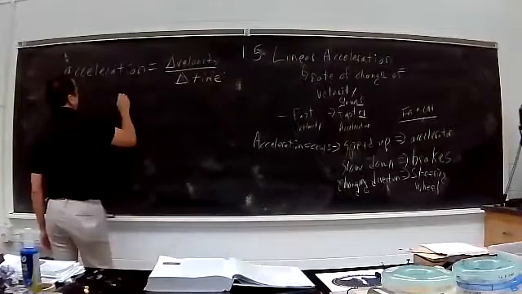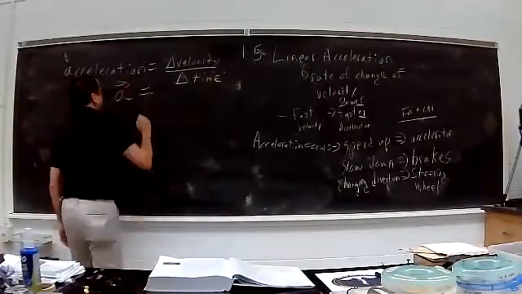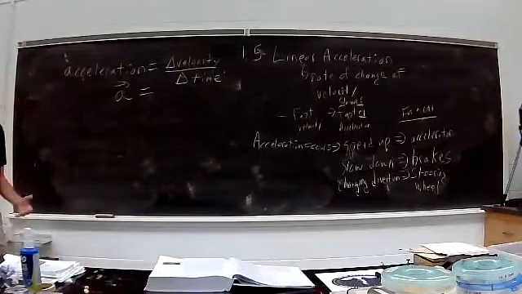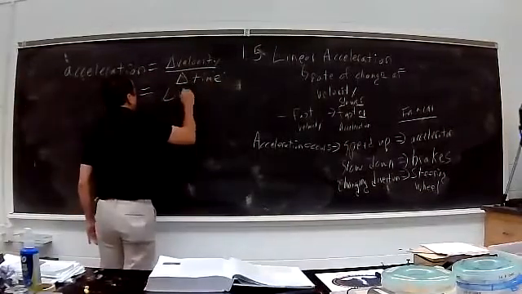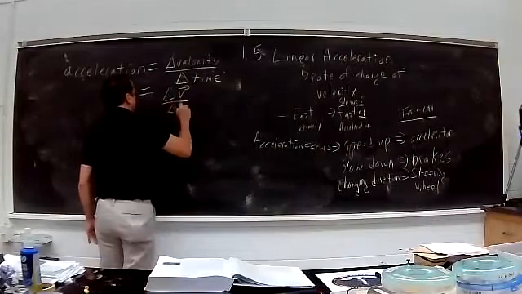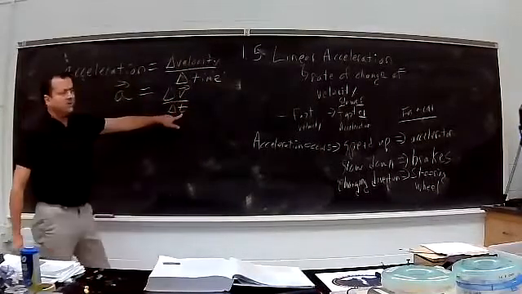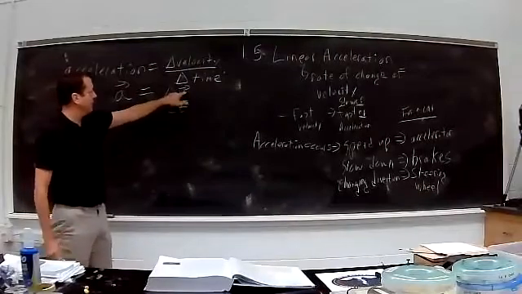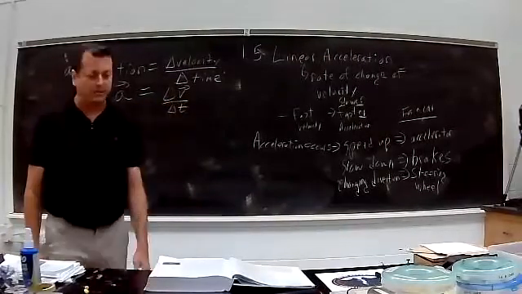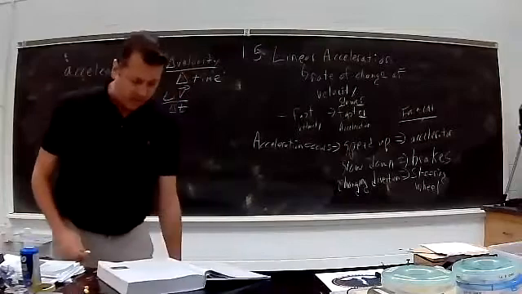Or if we want to write fancy symbols, A for acceleration, the arrow on top signifies it's a vector, delta V over delta T. Time is not a vector, it's a scalar, because time only goes in one direction, and velocity itself is a vector, and that signifies it.